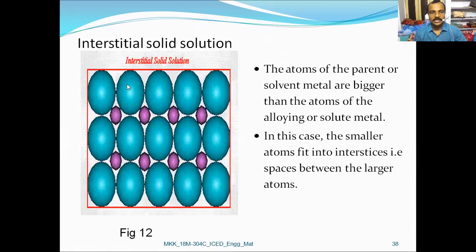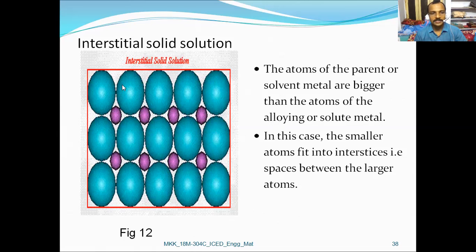So here, let us see the diagram of the interstitial solid solution atoms arrangement. Here, the atoms of the parent or solvent metal are bigger than the atoms of the alloying or solute metal. See, these bigger atoms are the solvent metal or parent metal, whereas the smaller ones are the solute metal atoms. The title interstitial solid solution is given because of the interstitial space created between the connecting solvent atoms.